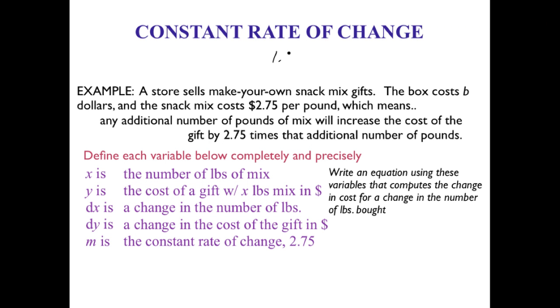Should make sense. What do you do? You're just going to take every additional pound is 2.75. So you take 2.75 times 1.4, and what did you get? 3.85. Is that the cost of the gift?